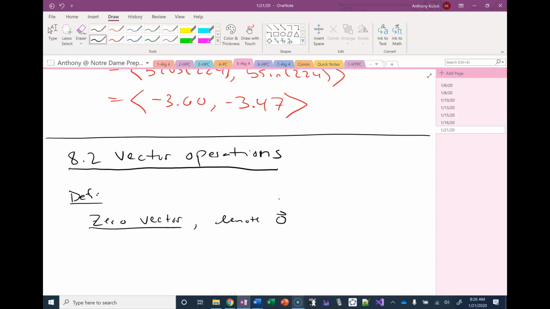The number 0 and the vector 0 are not the same thing. What do you think the component form is going to be for the vector 0? Just take a guess. What would you expect? 0, 0. Yeah.